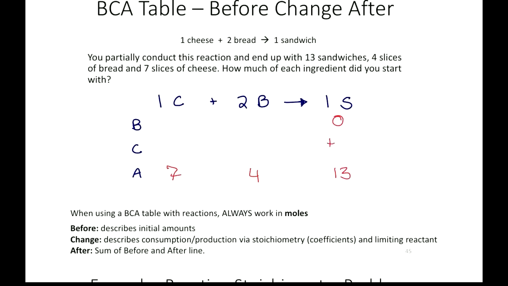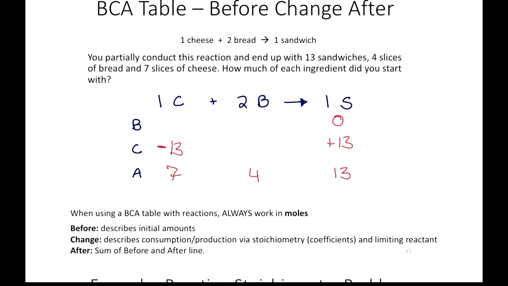I know that we had to produce 13 sandwiches. And then this is what allows me to fill in the rest of the table, because the change line is always dictated by stoichiometry, by the coefficients. So I know I had to make 13 sandwiches, so I can kind of back calculate now and figure out, okay, how many slices of cheese did I consume to make 13 sandwiches?